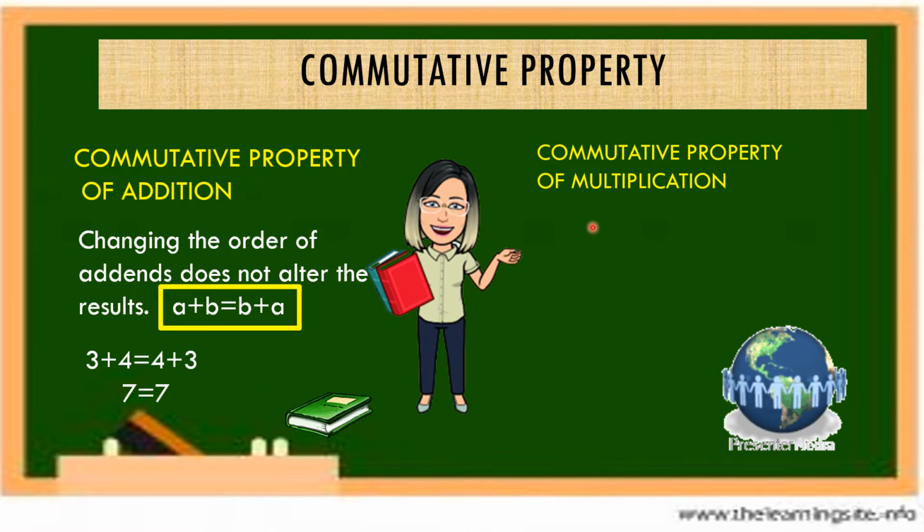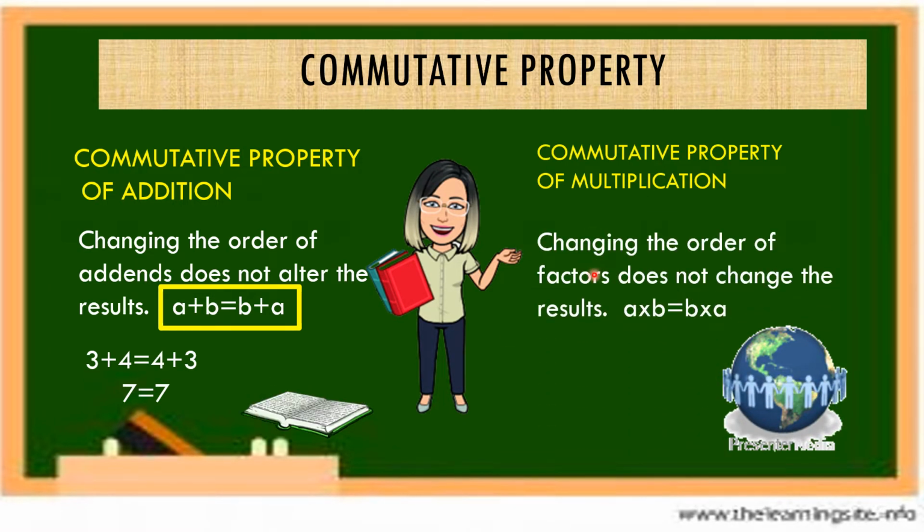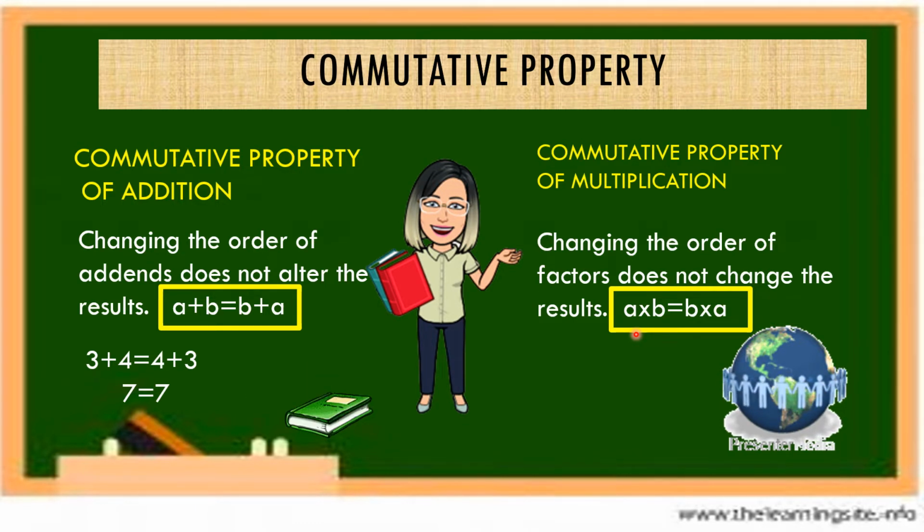Commutative property of multiplication. Changing the order of the factors does not change the result. Ito ay A times B equals B times A. Anong ibig sabihin nito? Kapag tayo ay nag-multiply, yung sagot ba sa 2 times 3 ay pareho din ang sagot ng 3 times 2?